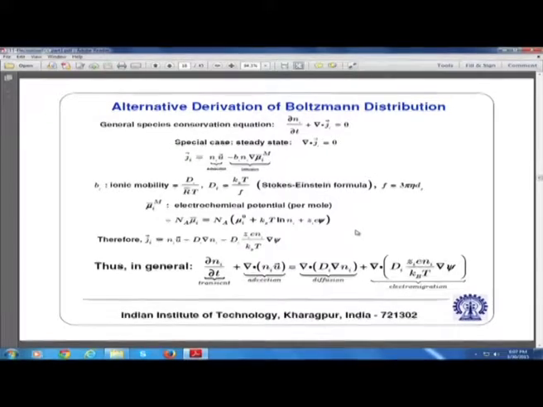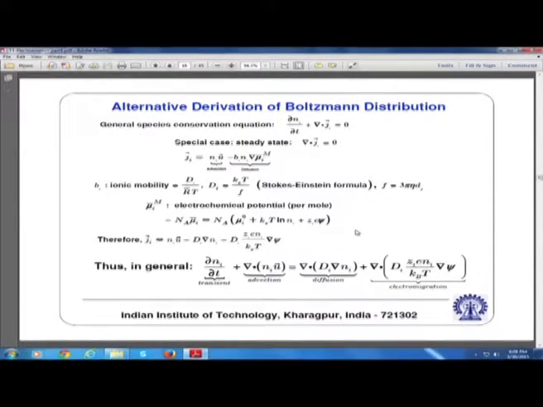If you recall, in one of the early lectures we derived all the conservation equations, and there we derived the species conservation equation. We will refer to it, but in this case you have to be careful because here there are species which have charges.